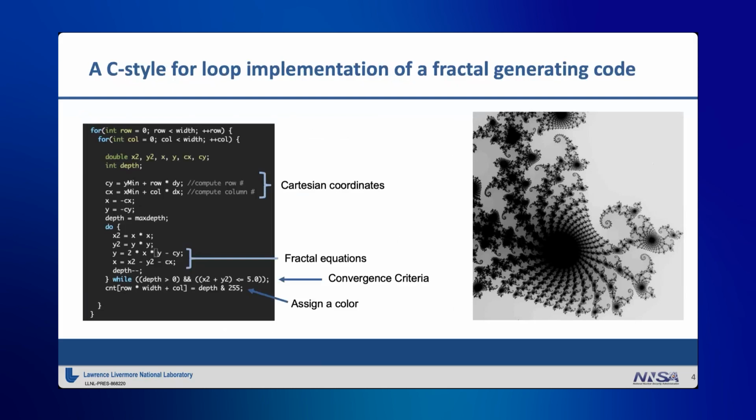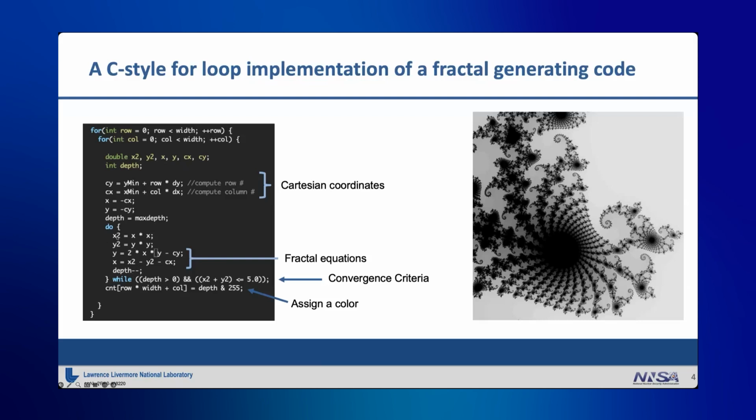So a C-style implementation of the fractal generating code looks something like this. In C, you would traverse the width of your image. Here we're always making perfectly square images, but you traverse the pixels in the column and row range, and you compute Cartesian coordinates.